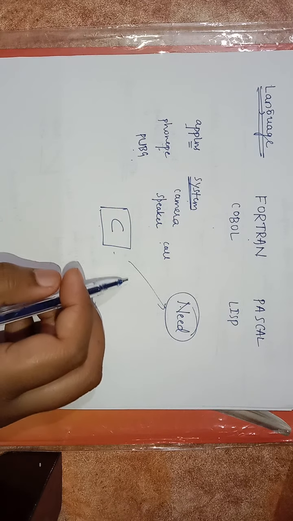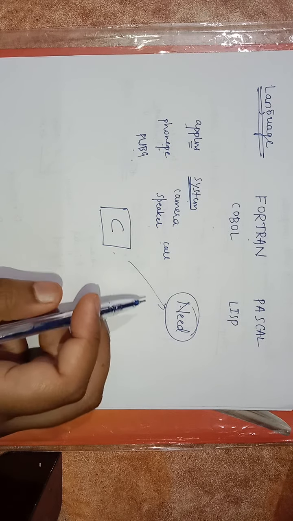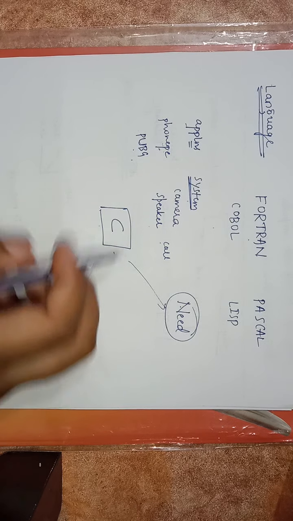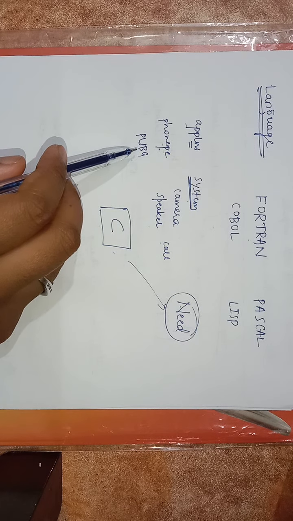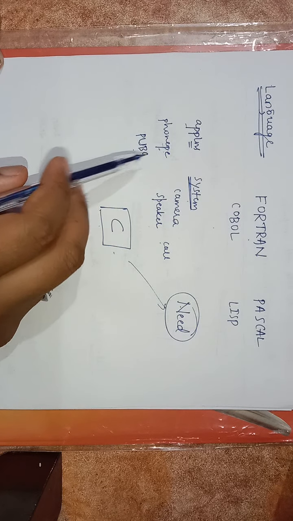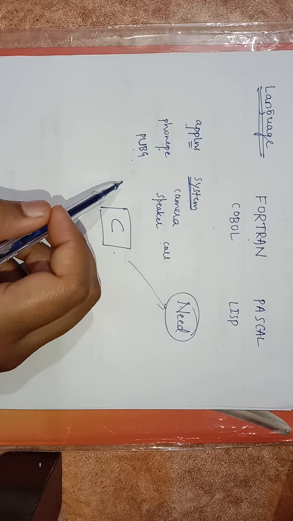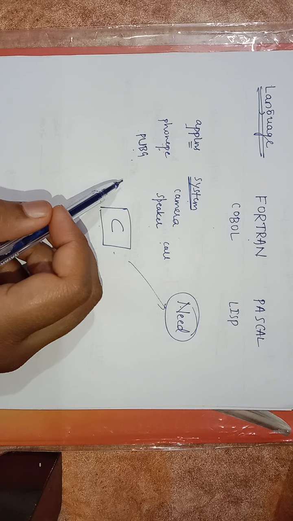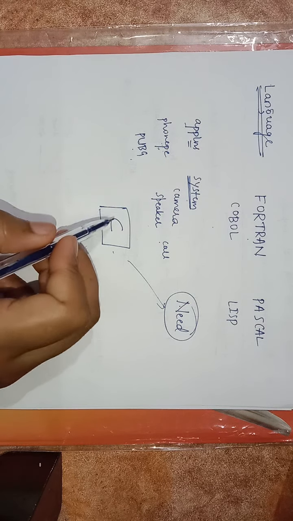It is a very popular and common programming language for every application developer. Anyone who developed PhonePe, anyone who developed PUBG, all the apps present in your phone, anyone who developed the Arogya Setu app, or the Amazon app, all those software developers, all those program developers, they used the C language only.